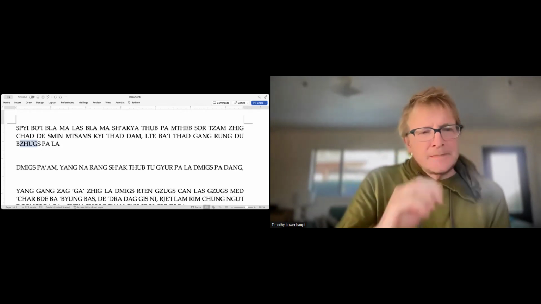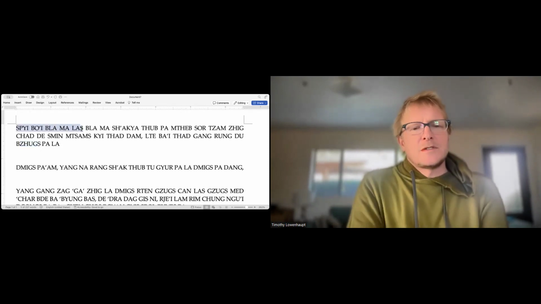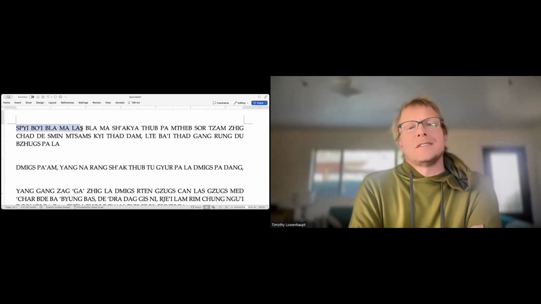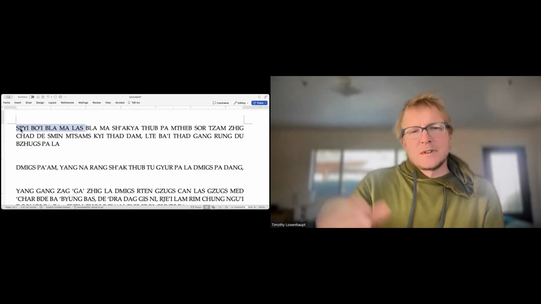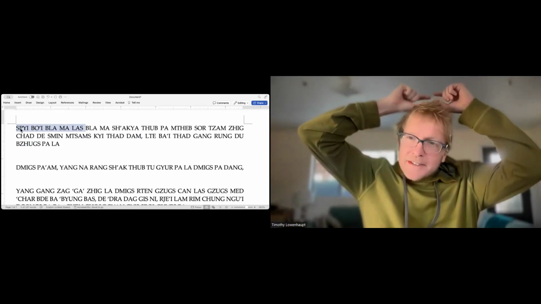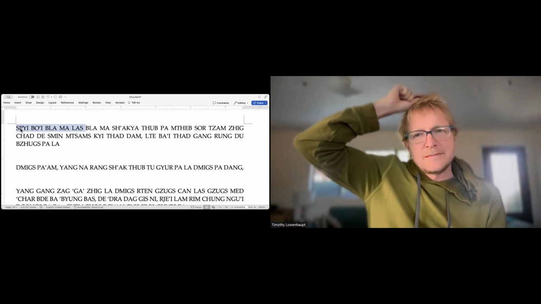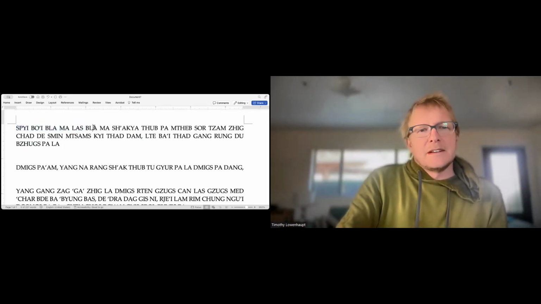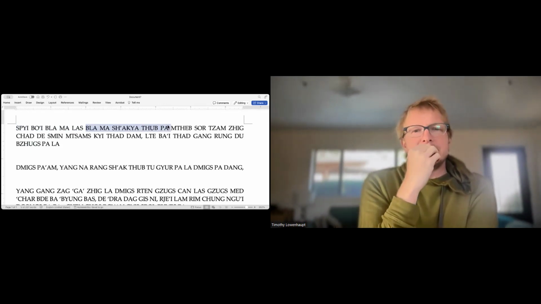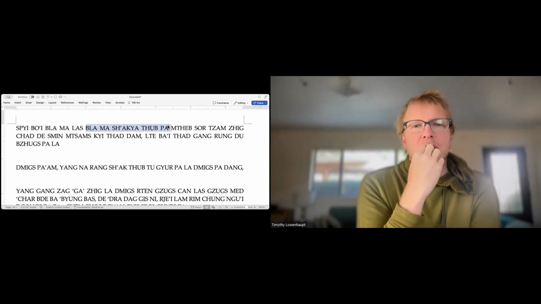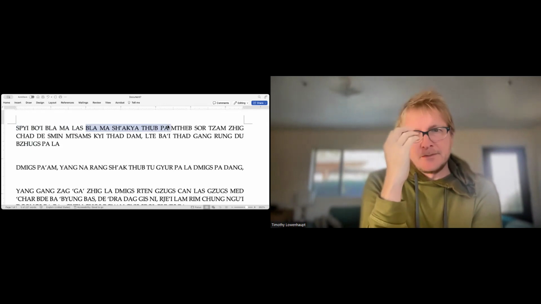So first, Chiwi Lama. We imagine our Lama at the tip of our head. So we imagine like a little tiny Lama sitting here. Our very own Lama. And then Lama Shakya Tupa. That would be Shakyamuni Buddha himself, like the Buddha in this world.